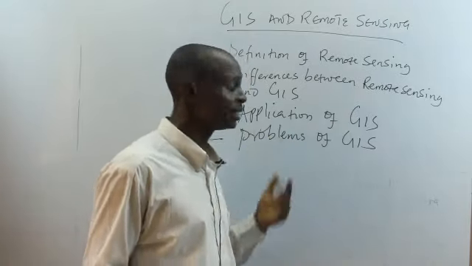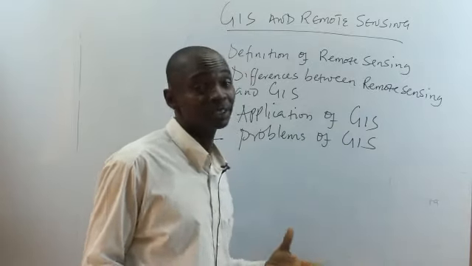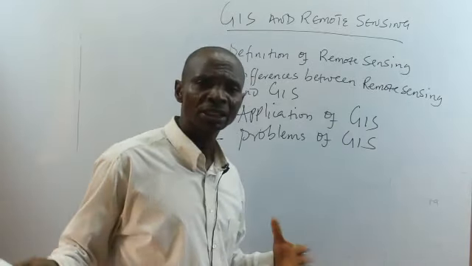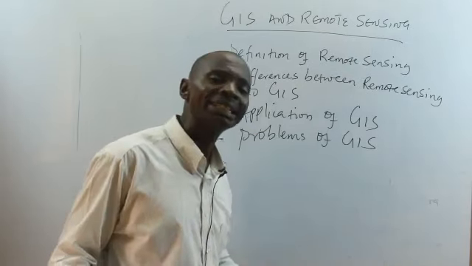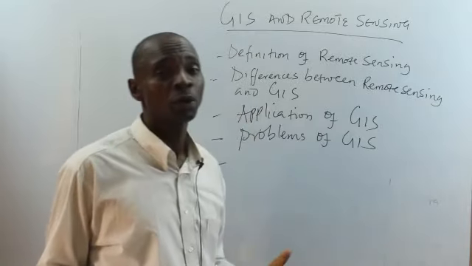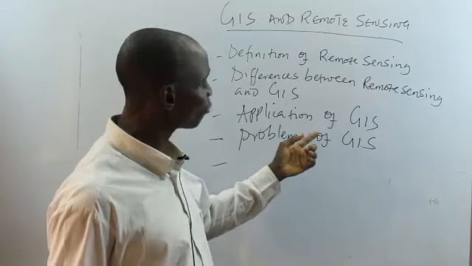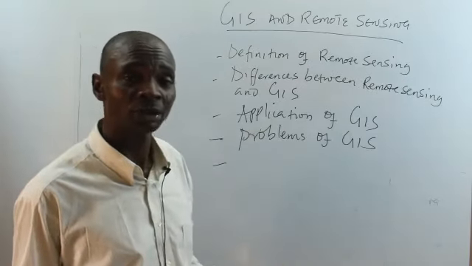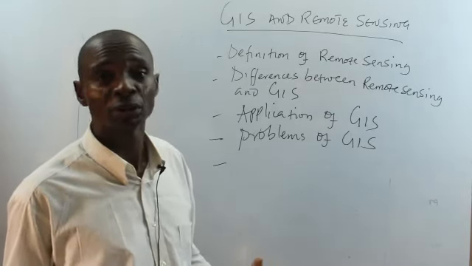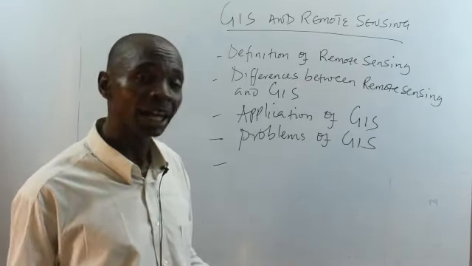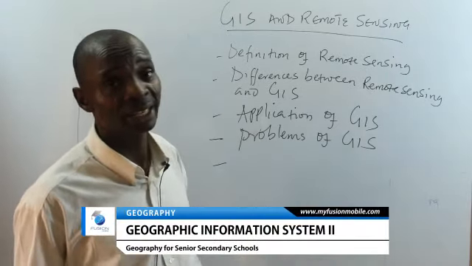As good as GIS is, we have some problems that GIS is facing today, both in the office where it's supposed to be applied, and also in our educational institutions where it's supposed to be taught. Number one, GIS equipment are very expensive. So some organizations, even higher institutions, may not have enough money to buy GIS equipment.